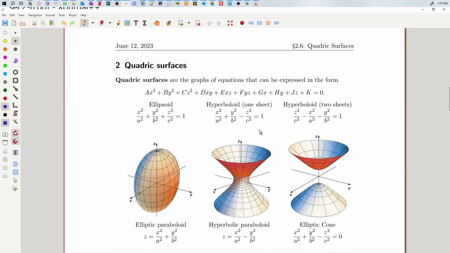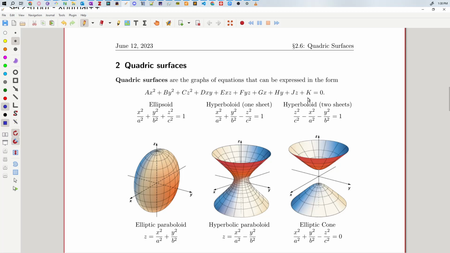Now quadric surfaces. Similarly, for a quadric surface we have a lot more terms because we go up a dimension. So we allow ourselves a Cz squared term, and then we have each of the different ways of picking two different variables, so xy, xz, and yz, and then the individual single variables x, y, and z, and then plus a constant, okay?